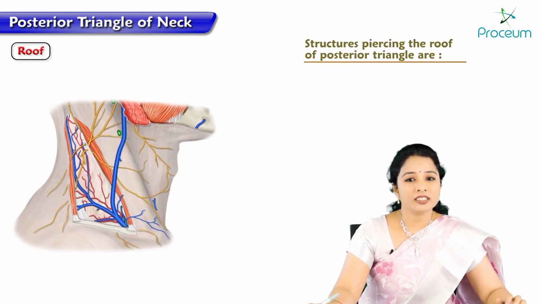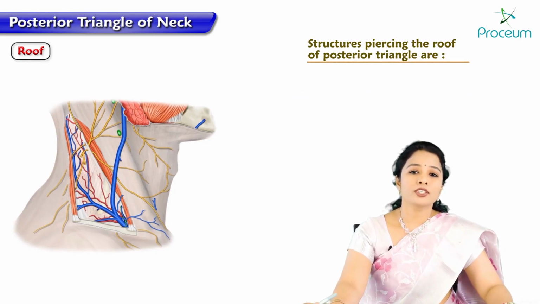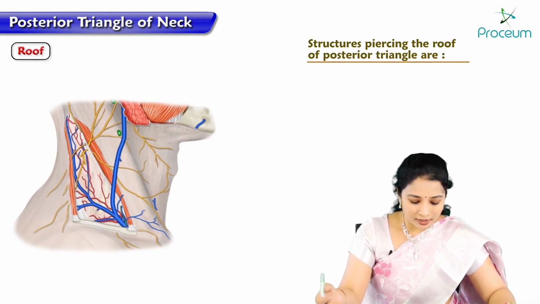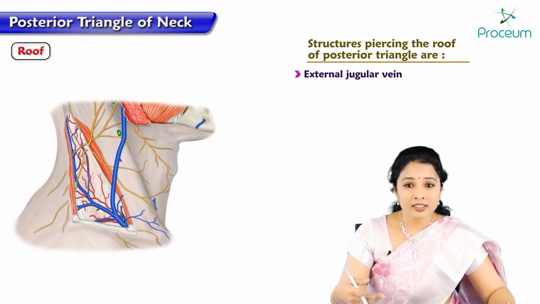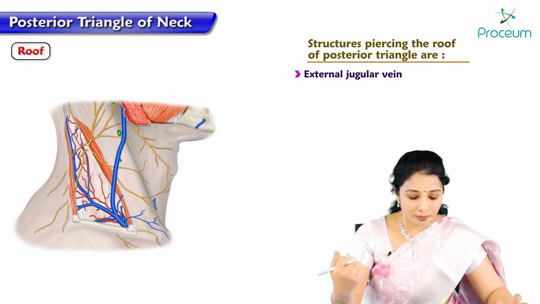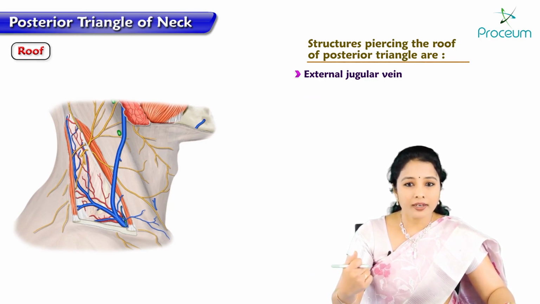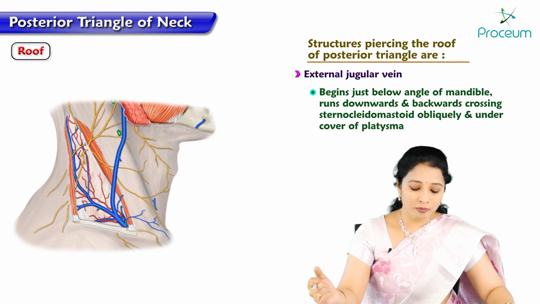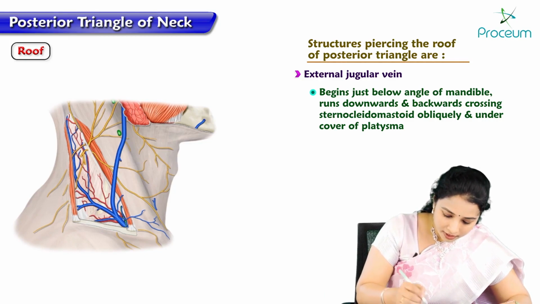Let's talk about the structures piercing the roof of posterior triangle. First we shall see the external jugular vein. External jugular vein, we can see it pierces the deep fascia to become superficial and it begins just below the angle of mandible. So here is the angle of mandible.